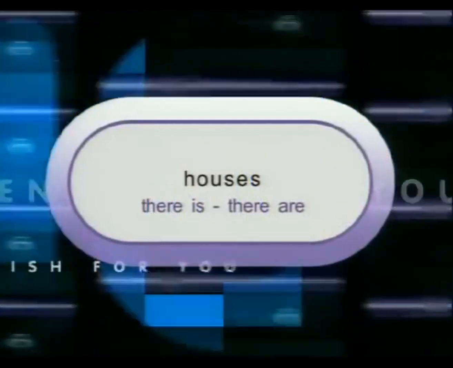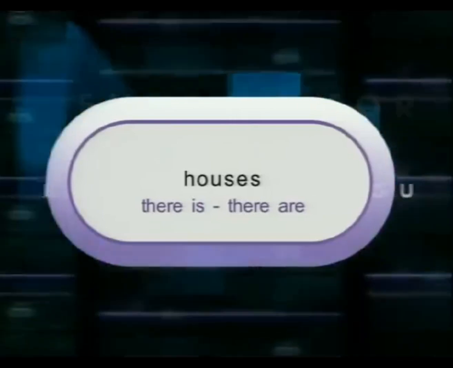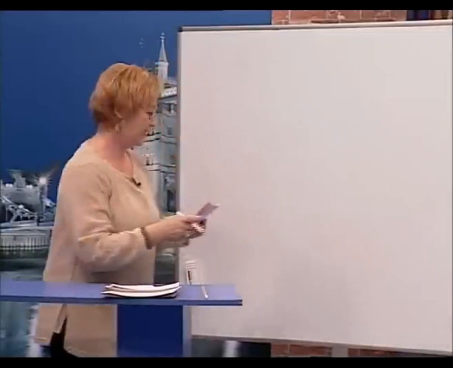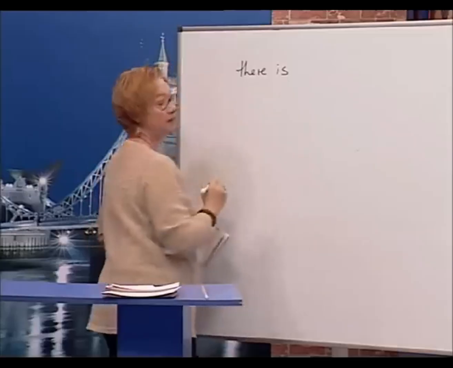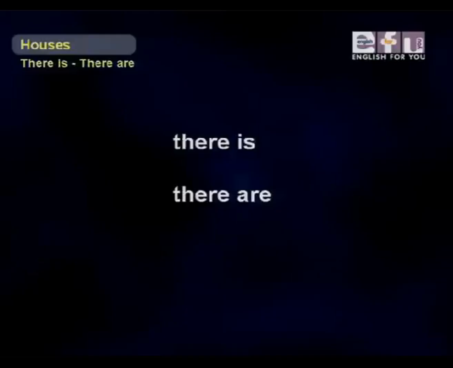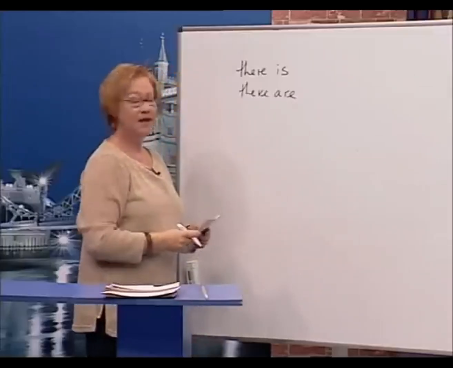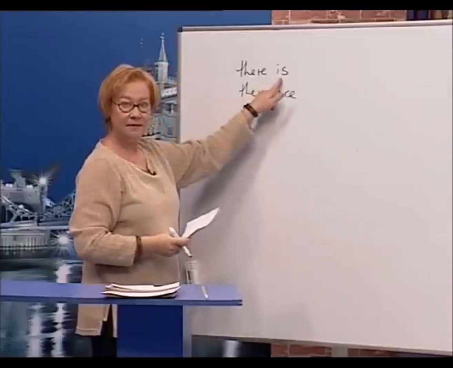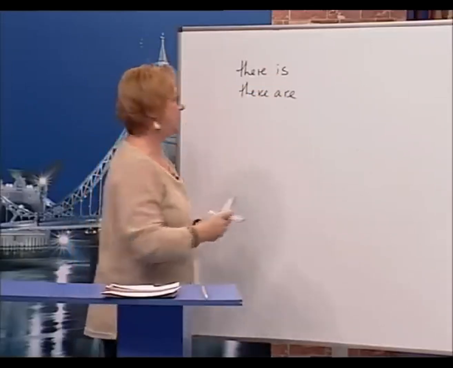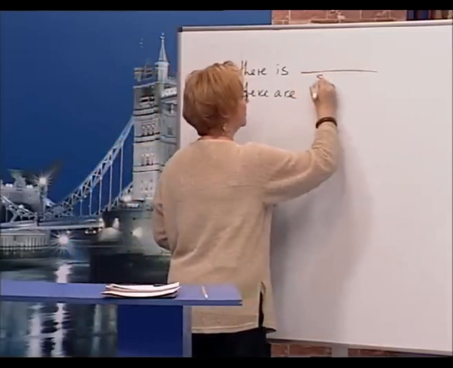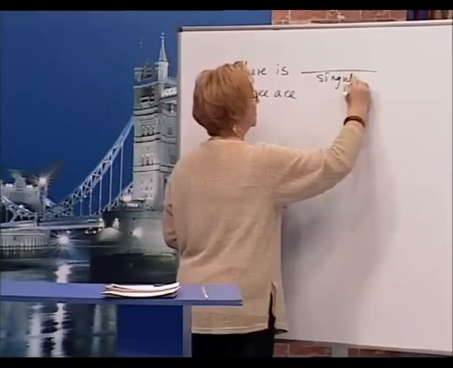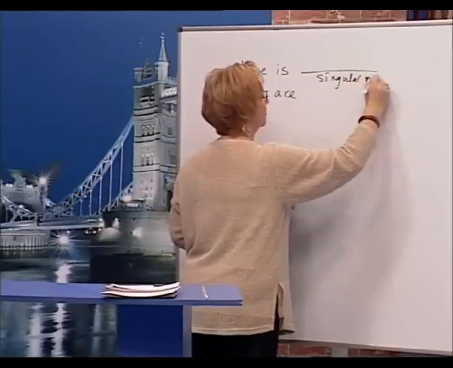Houses. There is, there are. Now, we're going to talk about a new kind of verb. Here it is. There is, there are. There is is followed by one noun, a singular noun.